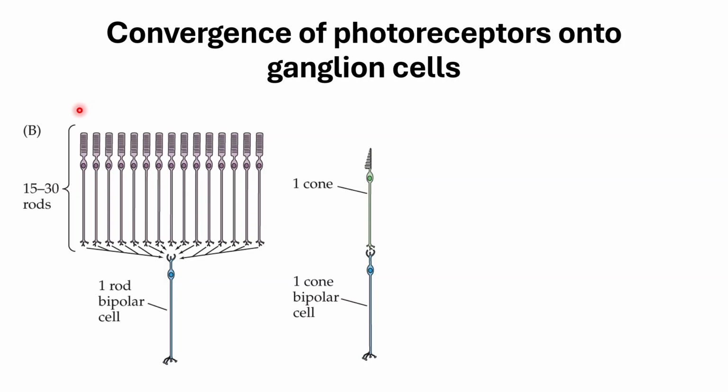And it tends to be clustered into a particular place within the retina. So it's going to be a certain space that's going to have somewhere between 10, 15, maybe as many as 30 rods. All that information is going to converge onto one bipolar cell. Okay? So that one bipolar cell is now taking in the information of a bunch of rods.